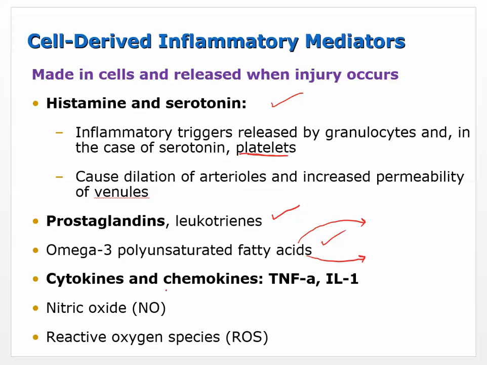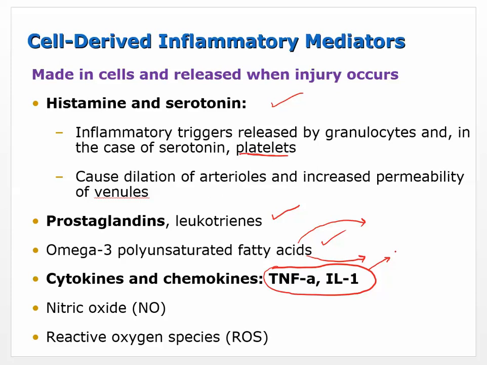Cytokines and chemokines are inflammatory signaling molecules. You'll see a lot of TNF-alpha and interleukin-1, IL-1. The reason you're going to keep seeing these mentioned is that they are released by cells during inflammation, and they can also be released by other cells, like adipose cells sometimes.